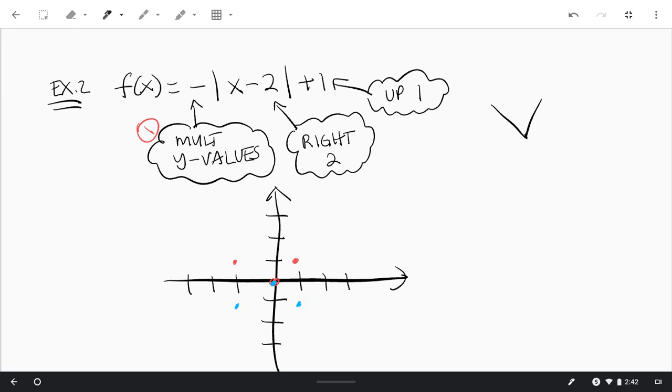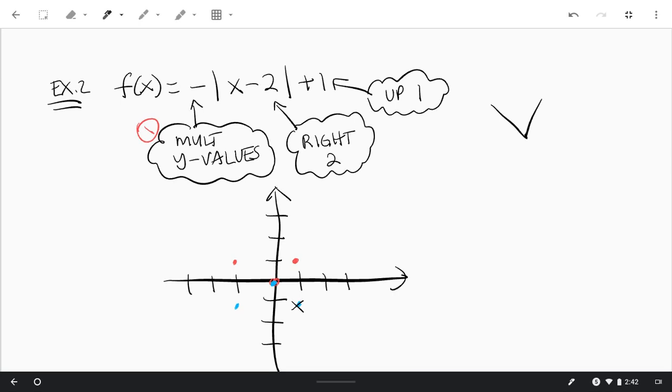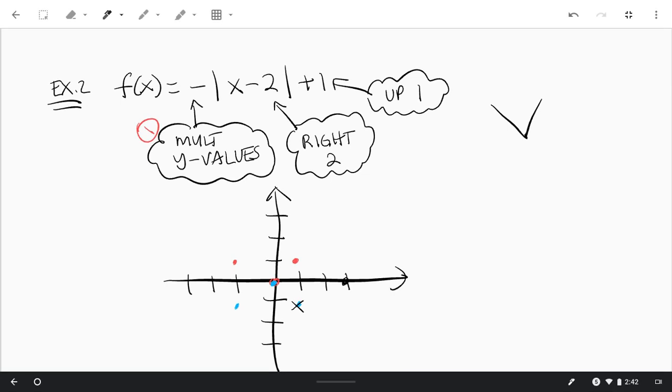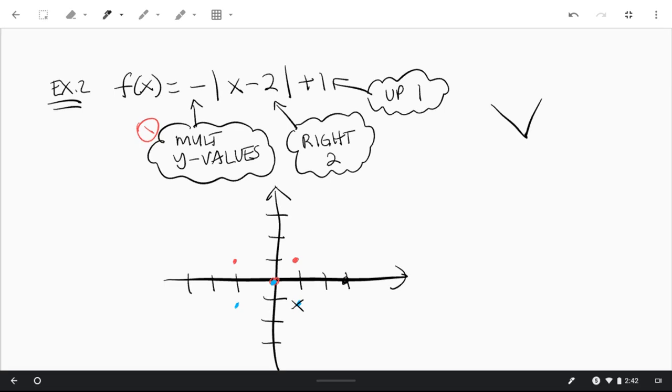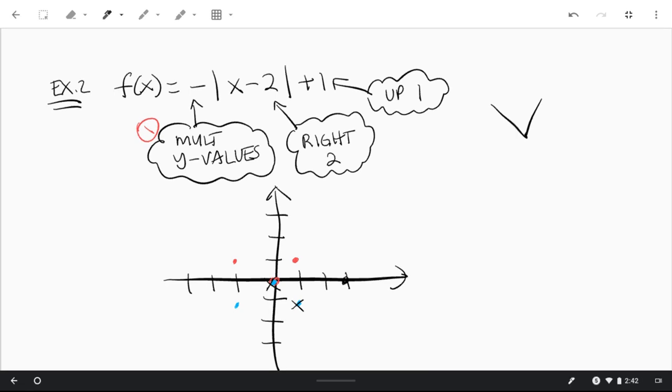So starting with the one on the far right, this one over here will go right 2 and up 1. Okay. The one here in the middle will go right 2 and up 1. Right over here.